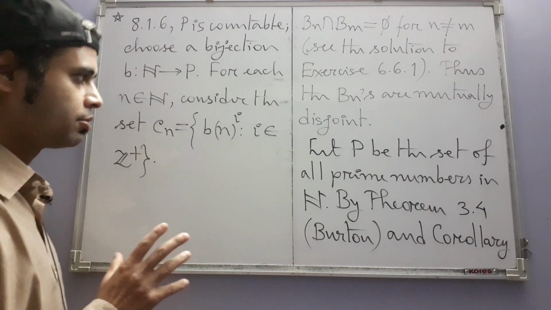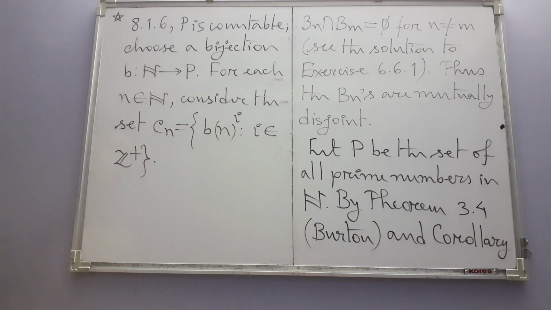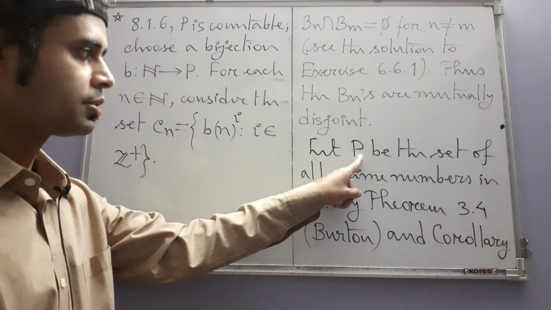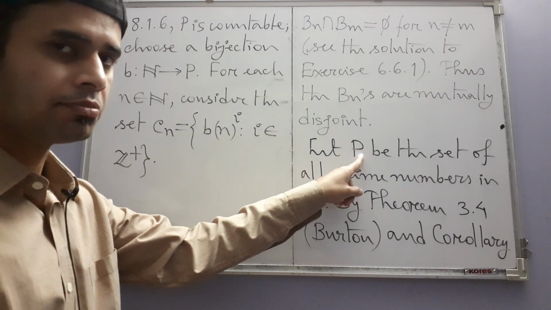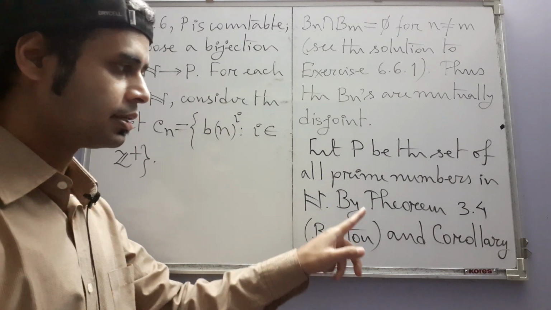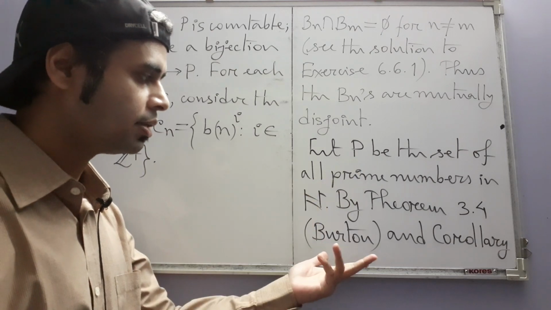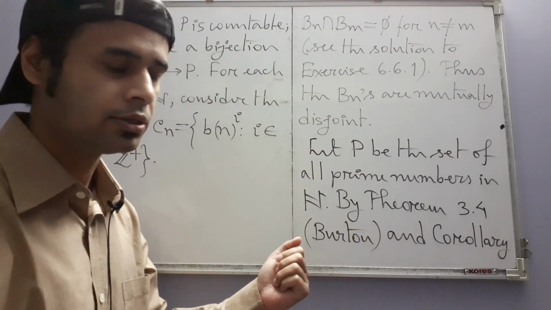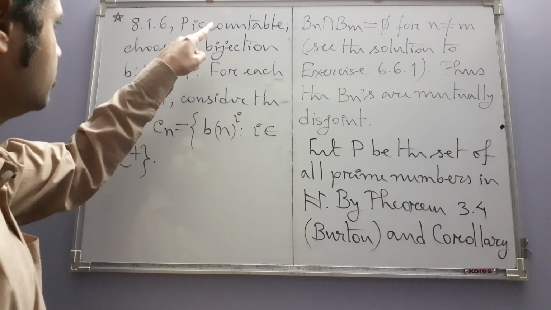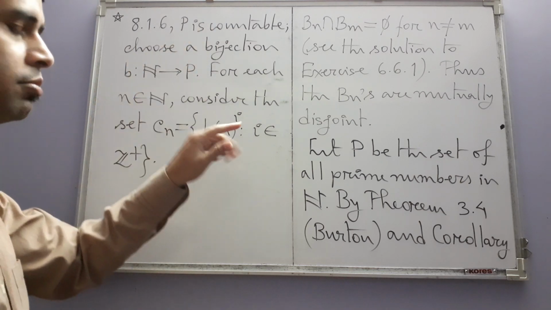So that we don't lose track of what is going on, let us see what we have done so far. We have considered the set of all prime numbers. Due to it being a subset of N, it is at most countable. But additionally, since it is infinite, which we know from number theory, it will be countable. So there will be at least one bijection like this. Fine.